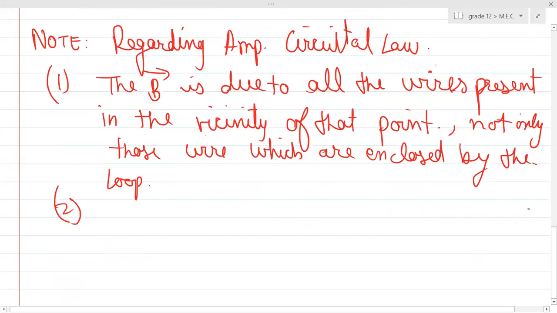Actually, in Gauss's theorem, E dot dA was electric flux, right? Is B dot dl also magnetic flux? No, it is not.